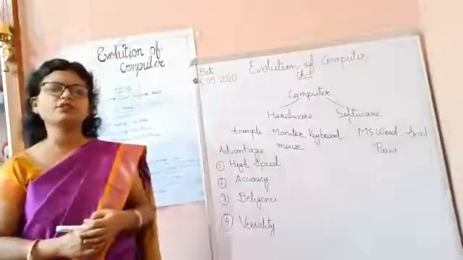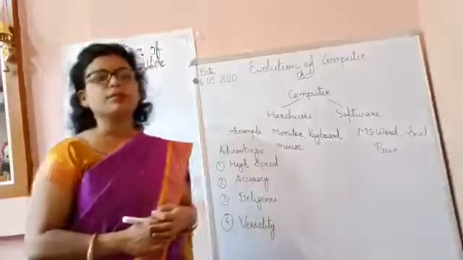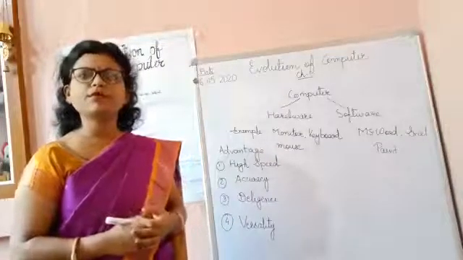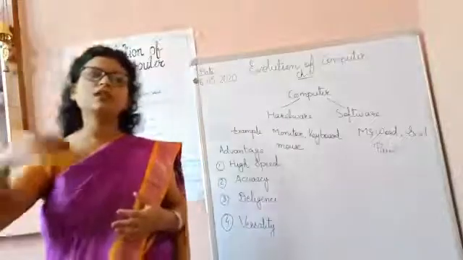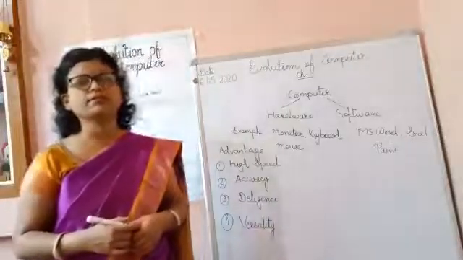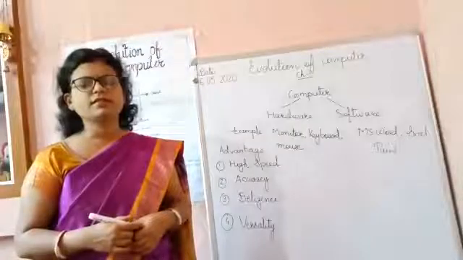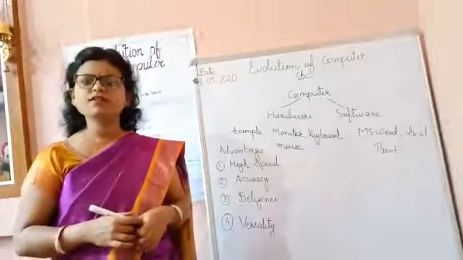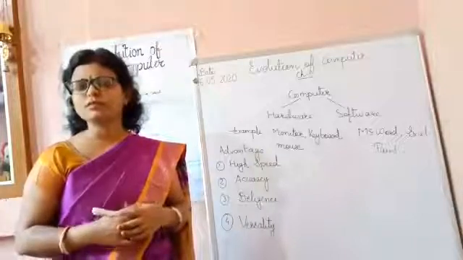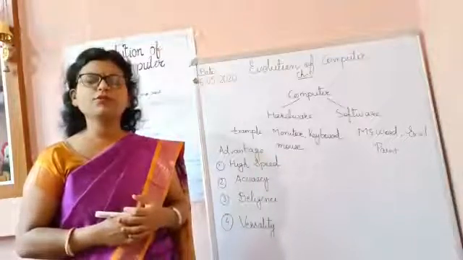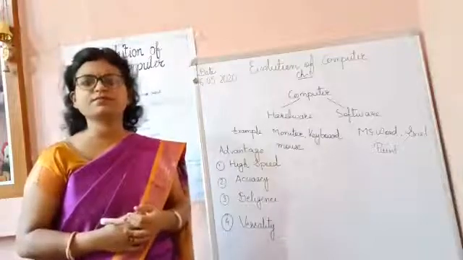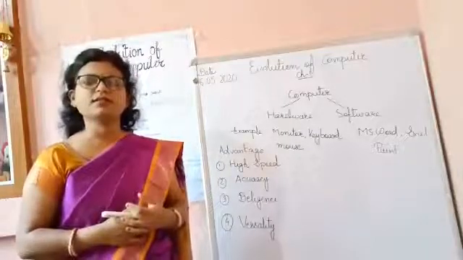Now next, I will tell you about the development of a computer. Development of a computer, that means how the computer came into our life. Yes, we know that when the first time computer came, maybe some of you know or not, computer was very large, huge in size.